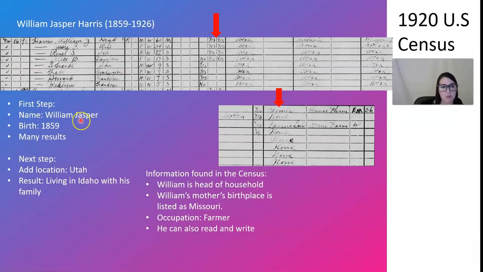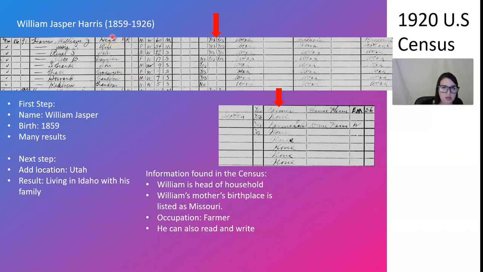And I typed in William Jasper Harris, 1859, many results. And then I also add in Utah to narrow it down. The result is he's living in Idaho with his family. So he moved from Utah to Idaho.